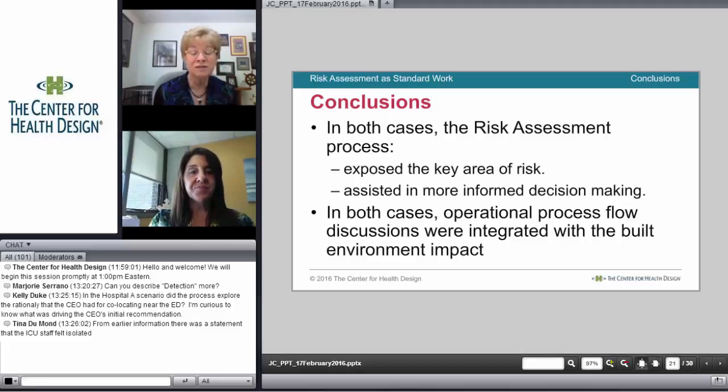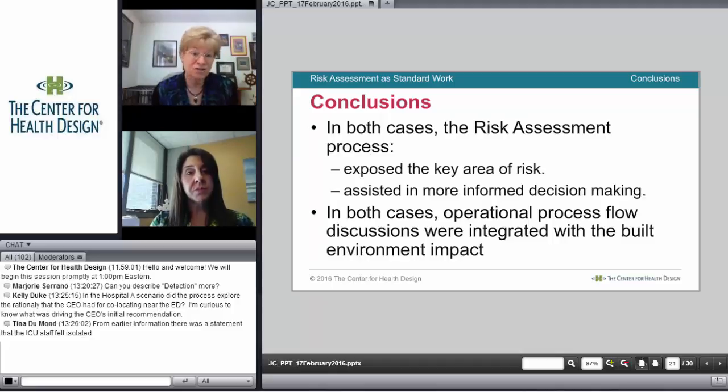In both of these particular hospitals, by using the FMEA, we were able to have more informed decision-making, which is really what I'm asking designers to think about: putting more rigor into that rather than opinions.